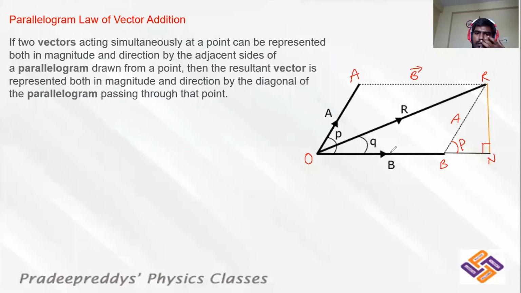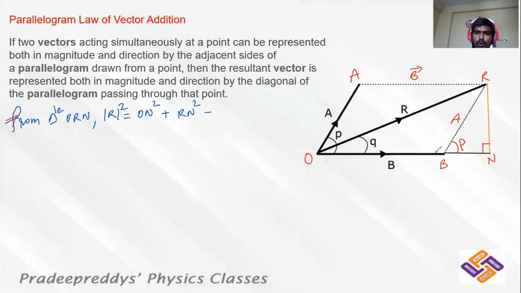Now in order to find out this R bar, what should I do? I should take this bigger triangle, triangle ORN. I want to find out the hypotenuse, right? So R square is equal to ON square plus RN square, that is R magnitude whole square. But what is ON?